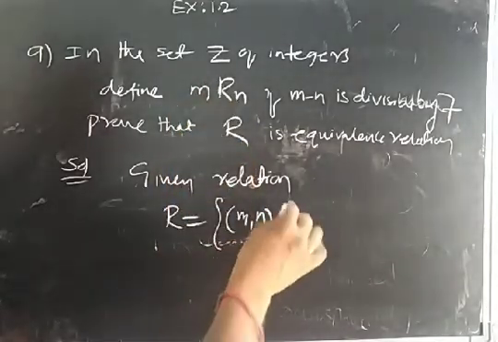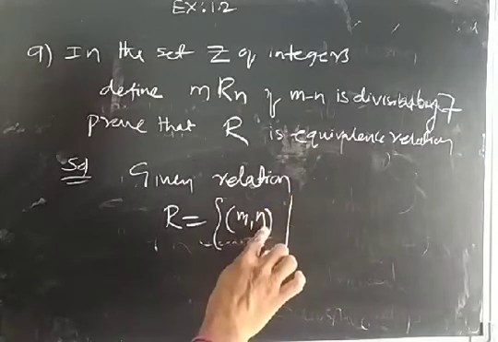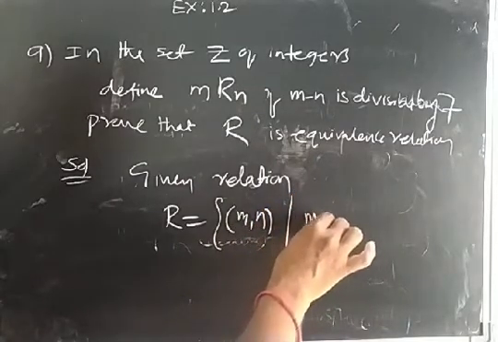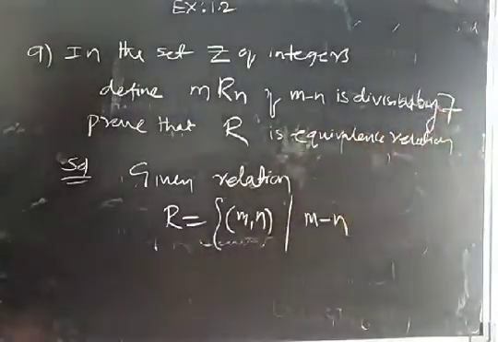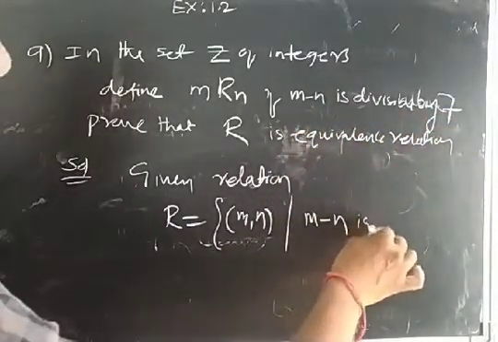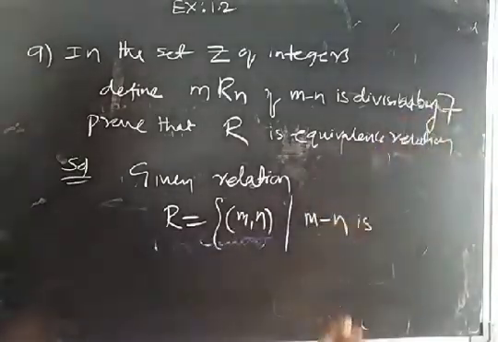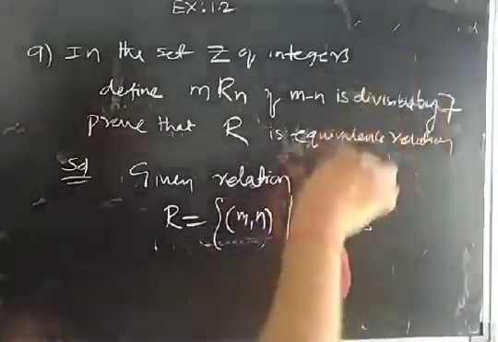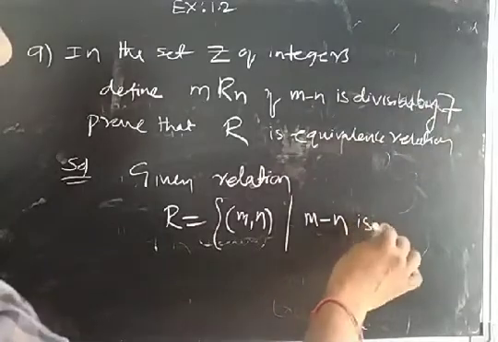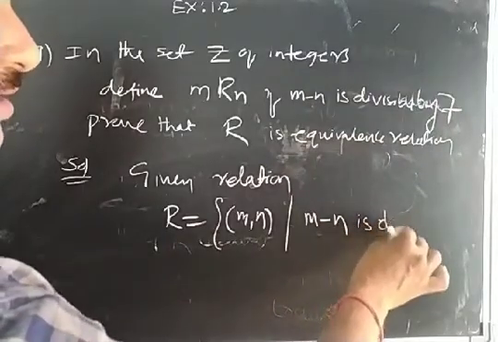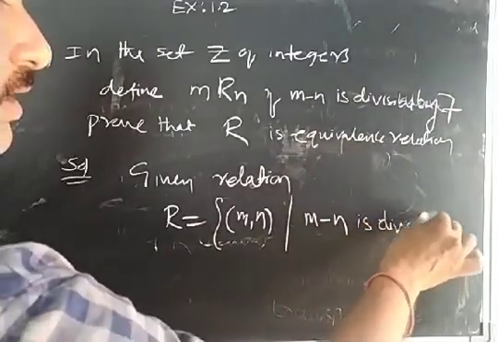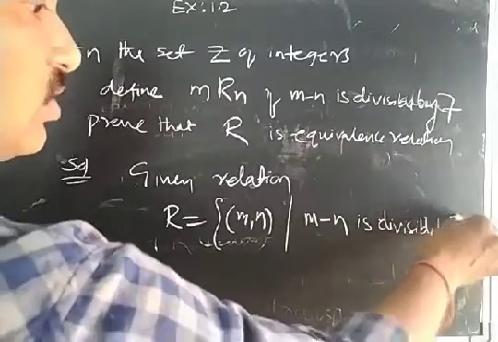So m is related with n if m minus n is divisible by 7. m minus n divisible by 7 means m minus n is a multiple of 7. Every multiple of 7 is divisible by 7. So this is the condition.